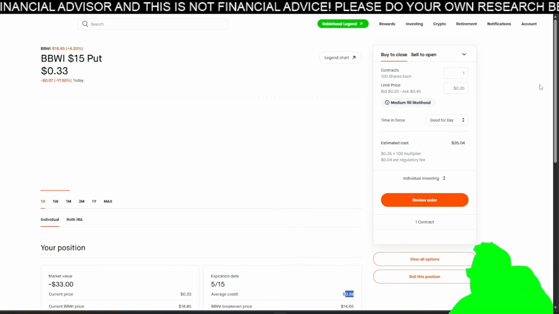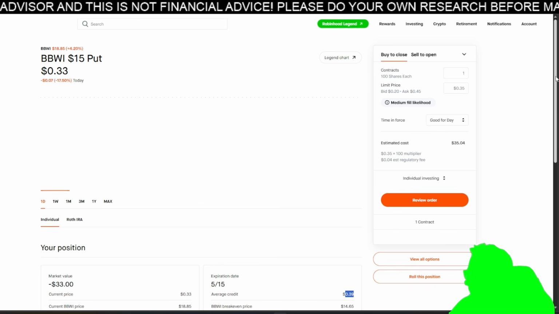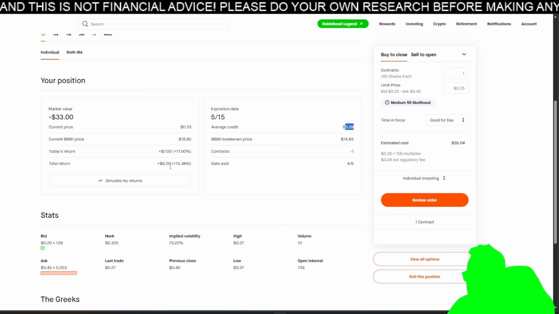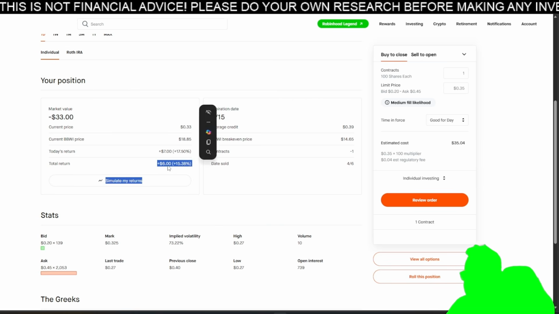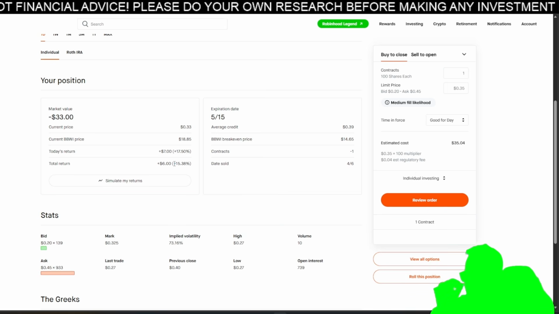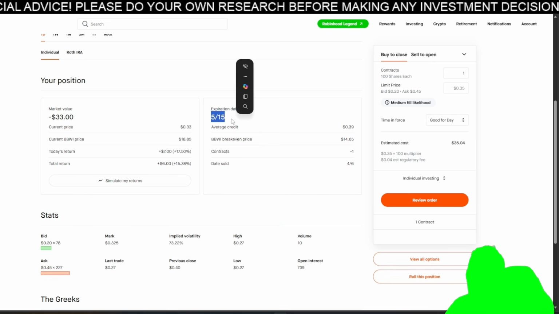And since Bath & Body Works has had a big move up, 4% this morning so far, it has become less likely for that to happen, which means the option loses value, and we are now up $6 already, about 15% of the max premium, which is very, very nice for the first couple days here. And this is going to go all the way out until May 15th.